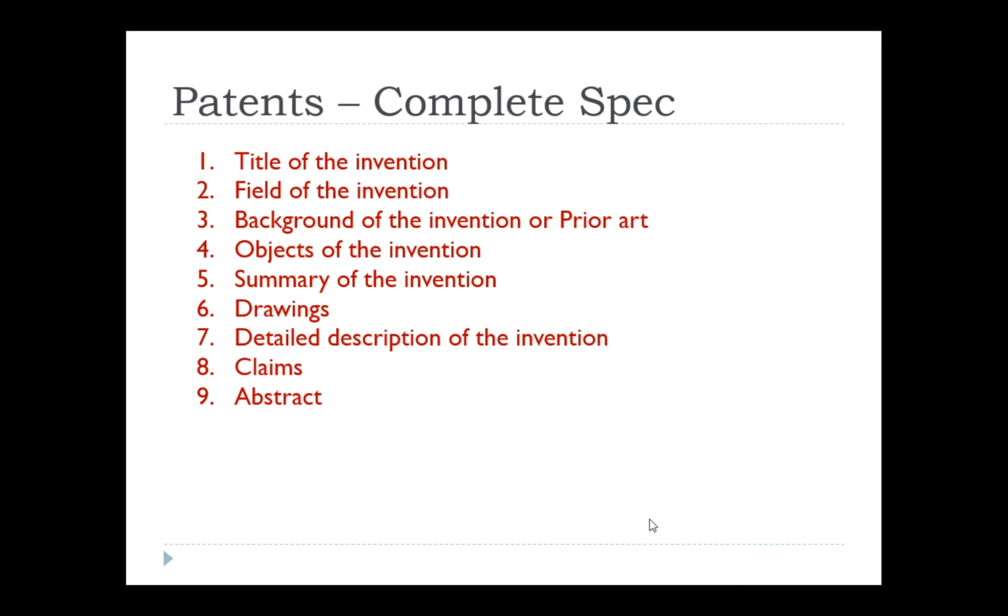Please ensure this. Don't give some thousand numbers in the various diagrams and cite only one or two in the description. That is not fair disclosure, right? If you have mentioned 1,000 parts, all those 1,000 parts should be mentioned in the detailed description. That makes it easy to give a better identity to the drawings, right?